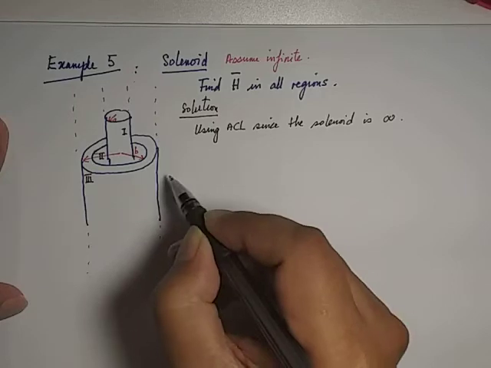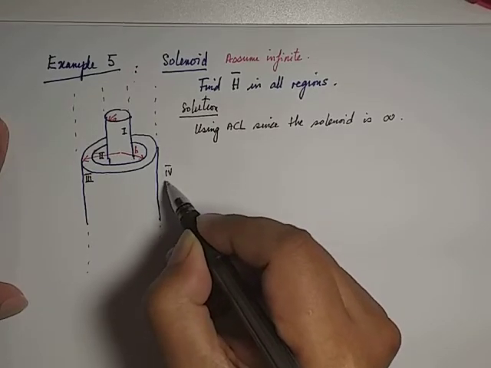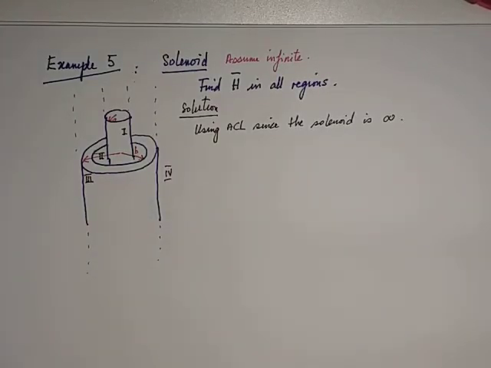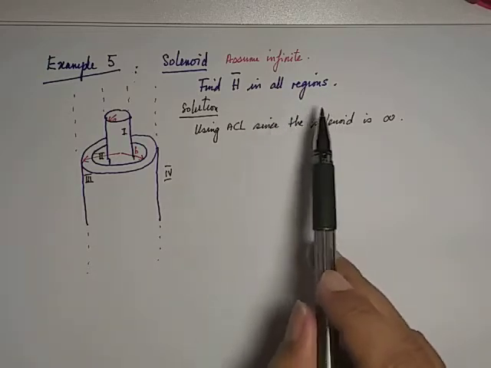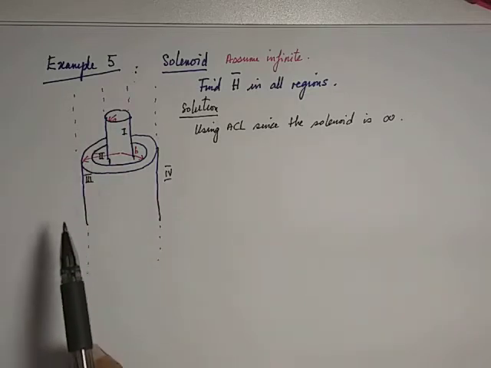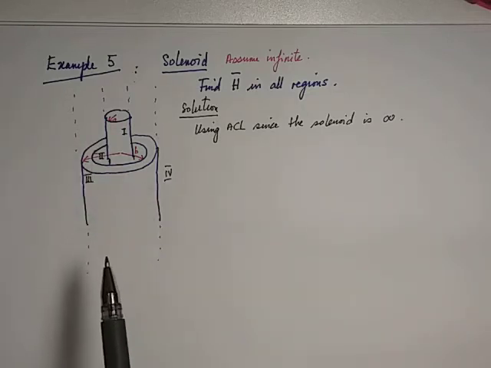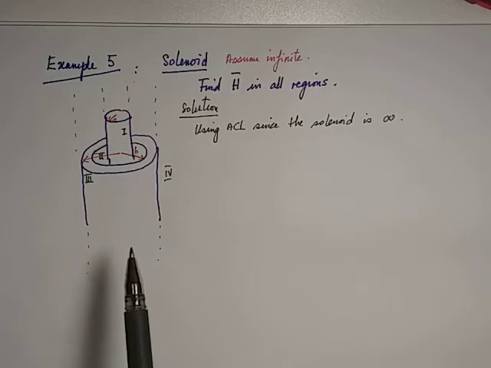and region number 4. That should be 4 distinct regions that we need to consider in this problem, because we have to find H in all possible regions. Therefore, from this diagram, we conclude there are 4 distinct regions to be solved here.